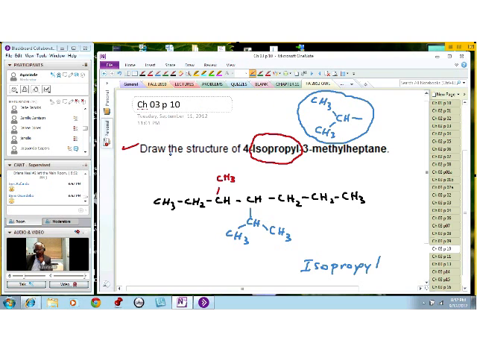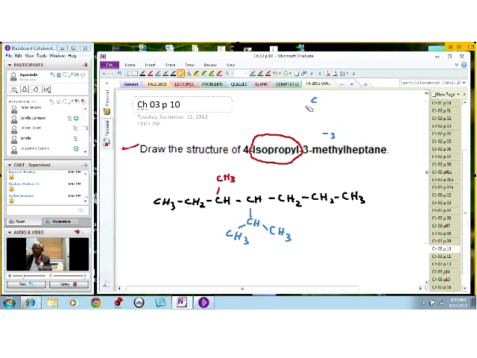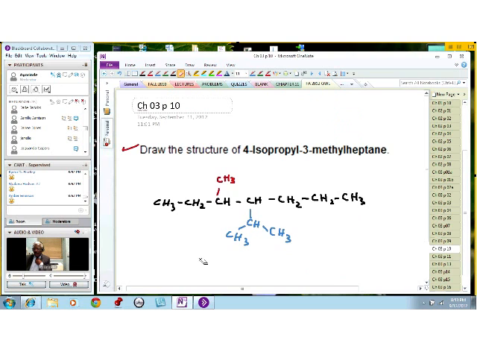Now, supposing I ask you to write the skeletal structure for this compound, what will it look like? We have 7 carbons, so let us go ahead and write the 7 carbons here.